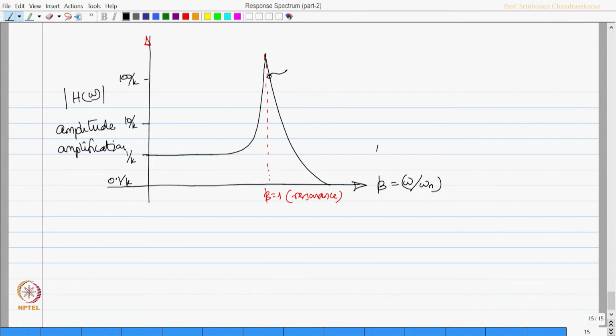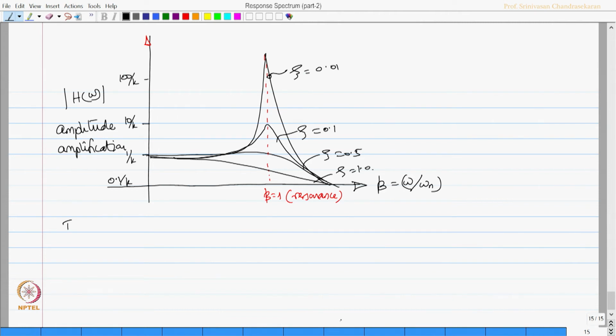This is for zeta equals 0.01 typically. When we look at other zetas, zeta 0.1, 0.5 and zeta equals 1.0.